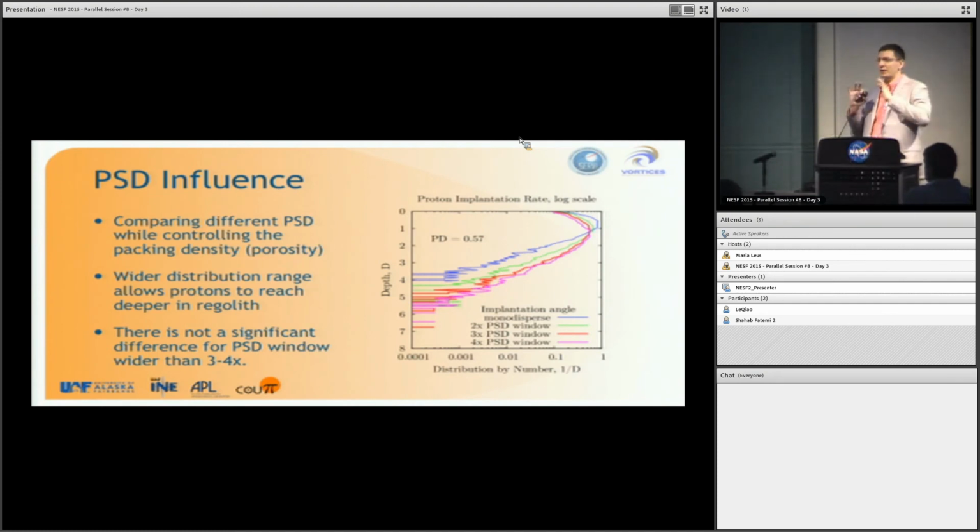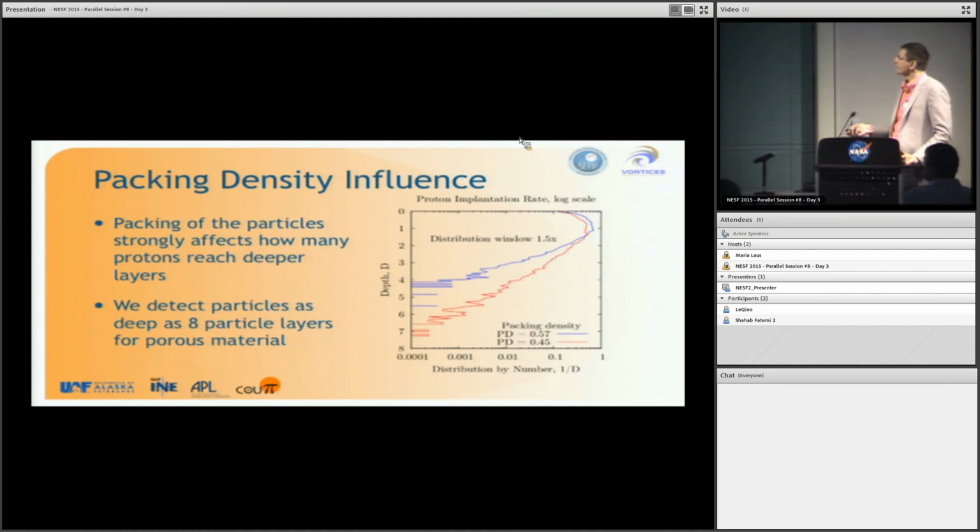The large particles create more holes and opportunities for the protons to reach deeper. And we also found that we can pretty much stop at a 4x, maybe 5x window, when the distributions become pretty close.